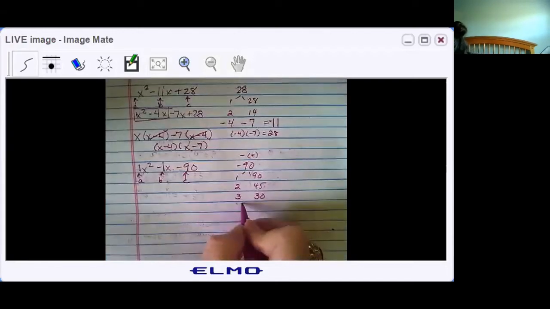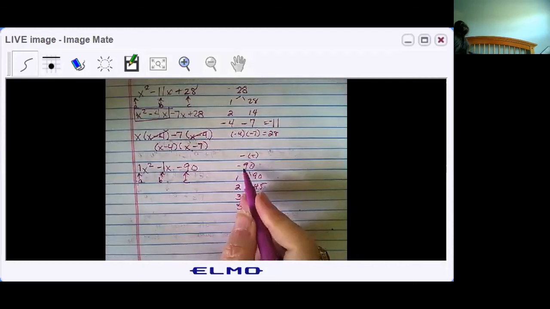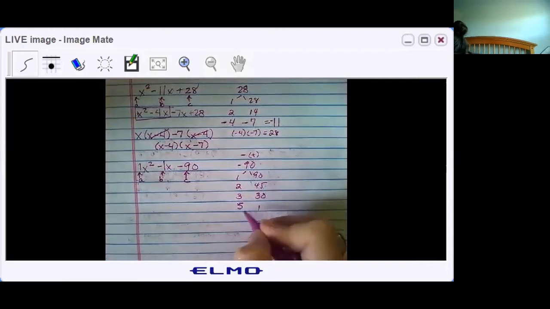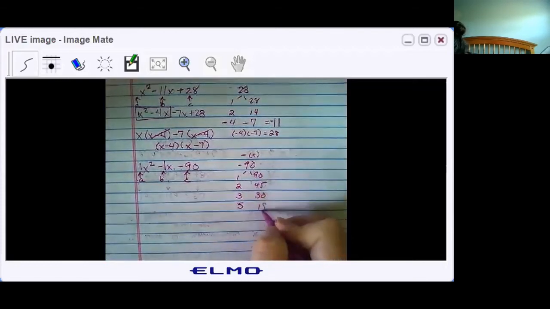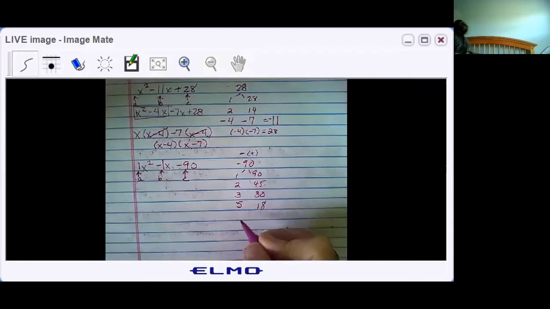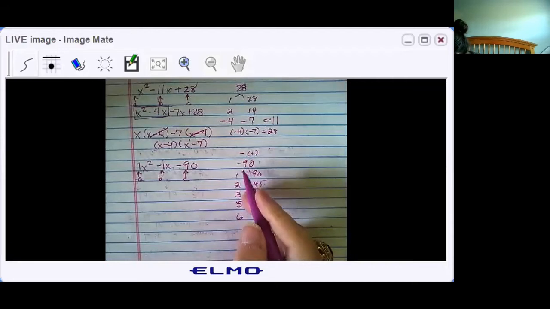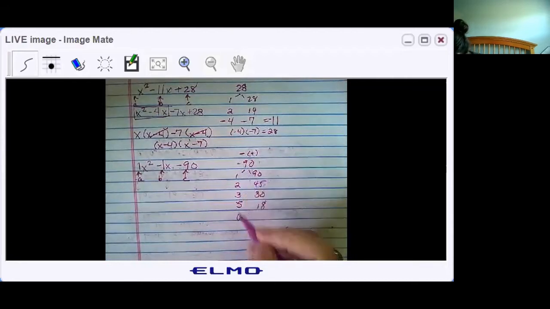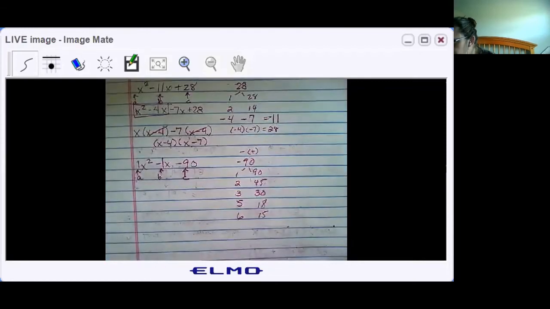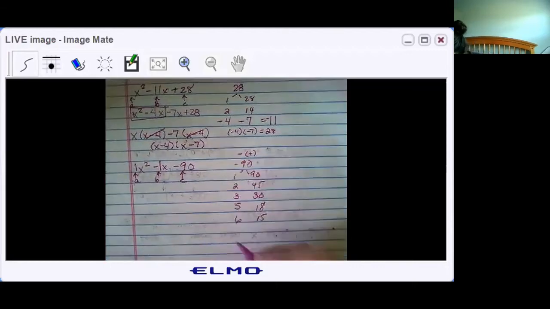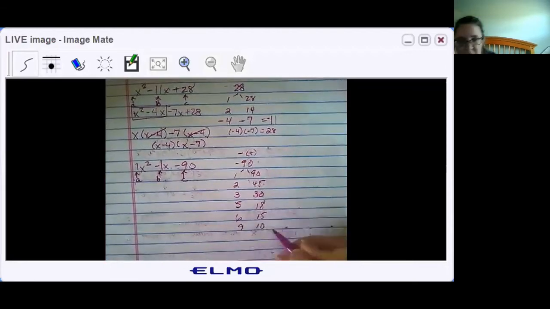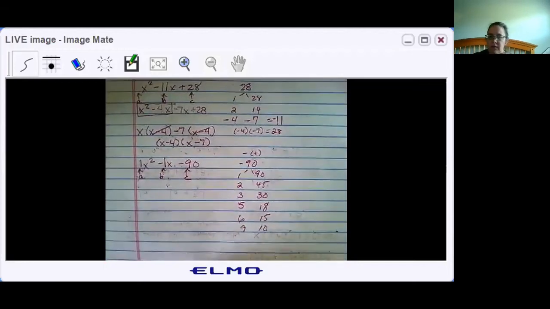All right. 5 goes into 90: 5 goes into 9 once with 4 left over, 5 goes into 40 8 times, okay, 5 and 18. Okay, 6, will 6 go into 90? Let's see. 6 goes into 9 once with 3 left over. That means 6 goes into 30 5 times, so 6 and 15. All right, okay. Well, will 7 go in? No. Will 8 go in? Nope. 9. Well, 9 goes into 90 10 times. Okay, we have a bigger list to check out this way.